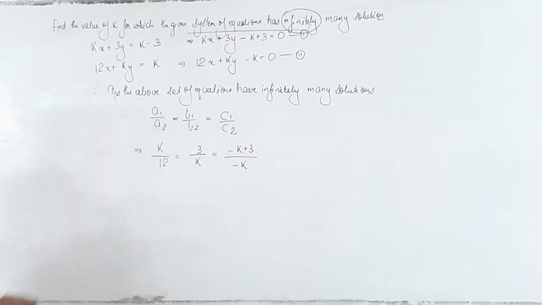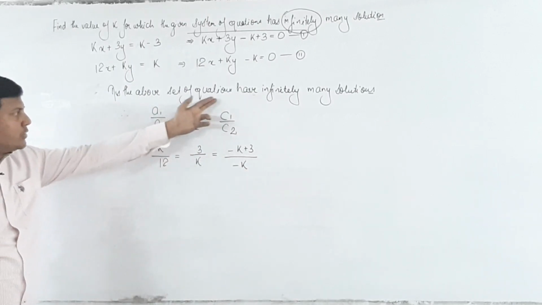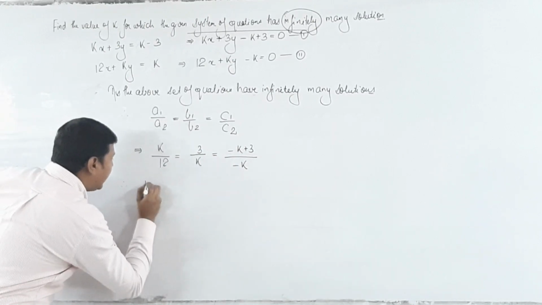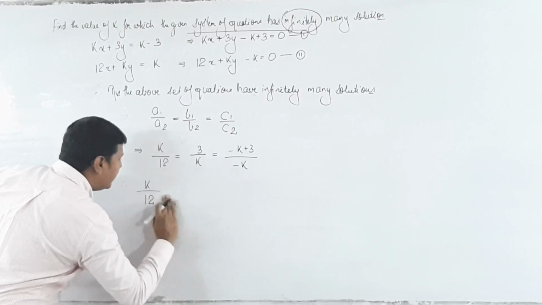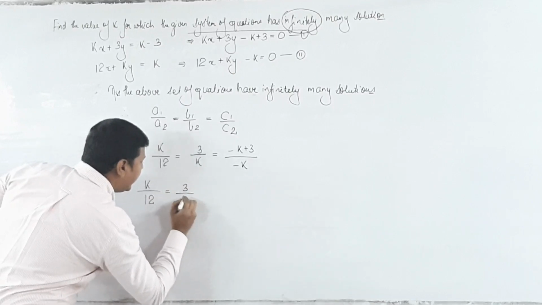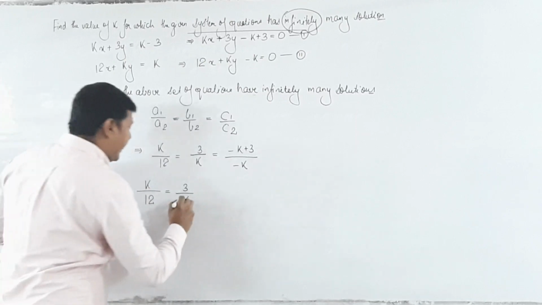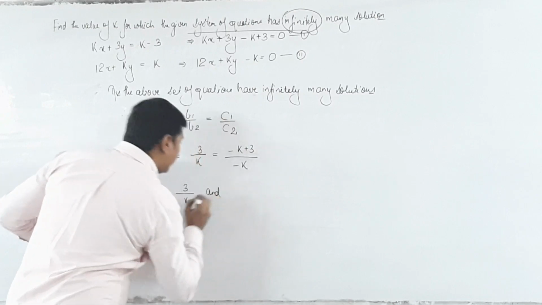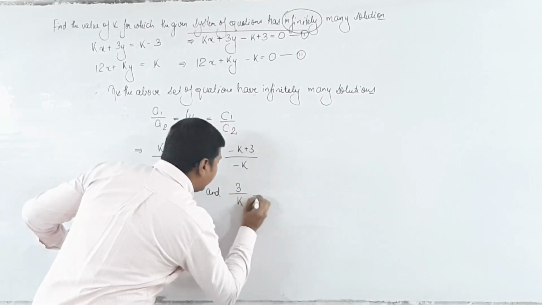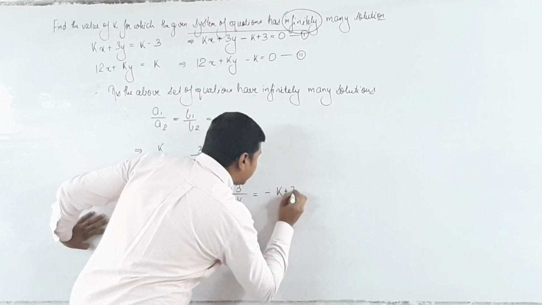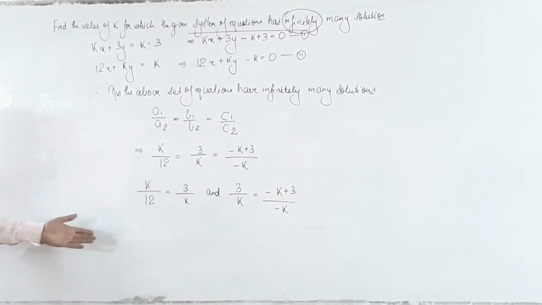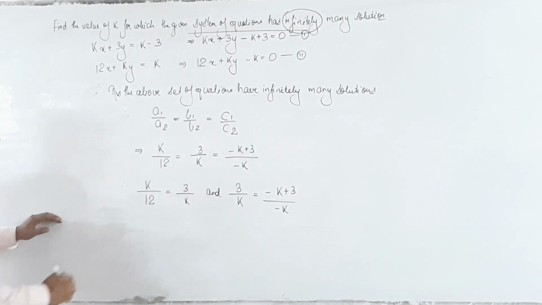Now as a1 by a2 is equal to b1 by b2 is equal to c1 by c2, hence we can write k by 12 is equal to 3 by k, and 3 by k is equal to (k plus 3) by k. And now in order to find the value of k, we will do just the cross multiplication.